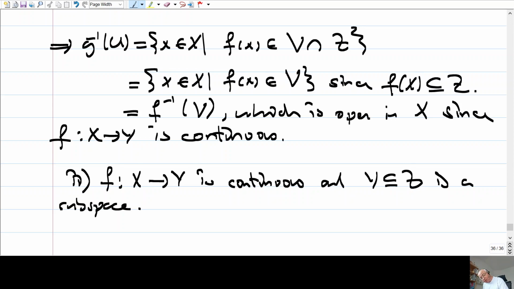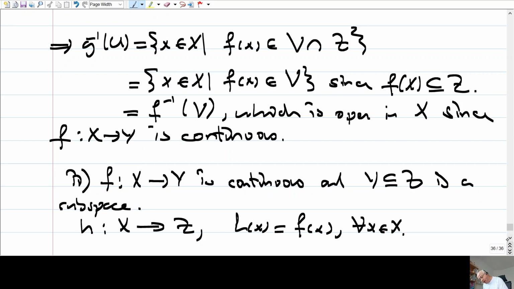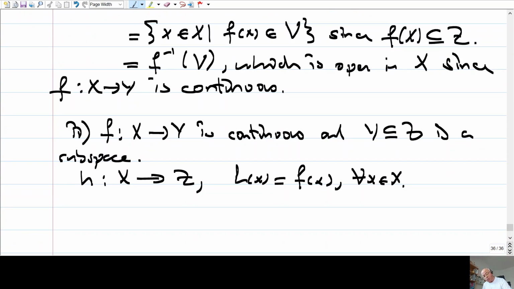And h is this function from x to z, defined by h of x equals f of x for all x in x. And I want to show that h is continuous.